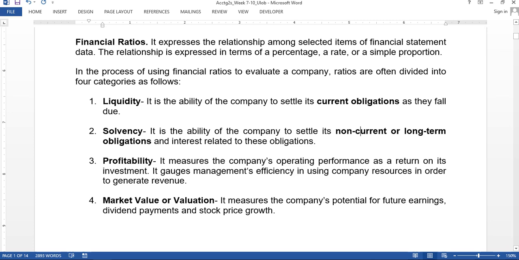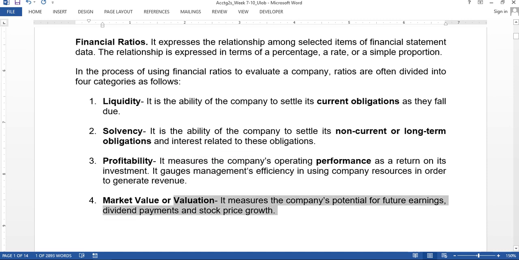Then, profitability, it measures the operating performance of the company, income statement as a return on its investment, and it is management efficiency using company's resources in order to generate revenue. Market value or valuation measures the company's total potential for future earnings, dividends, payments, and stock prices.